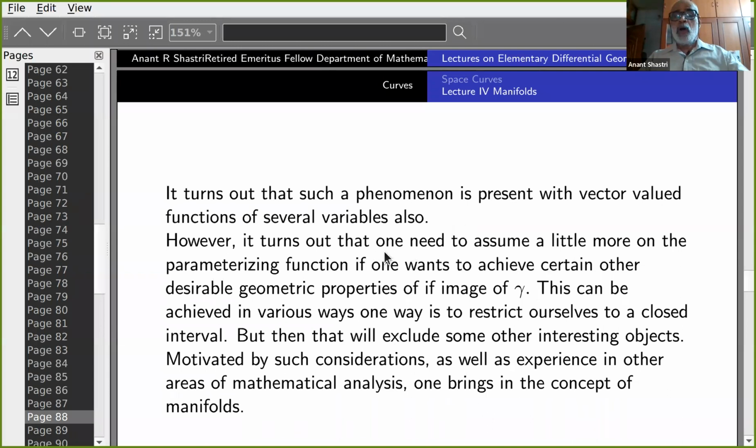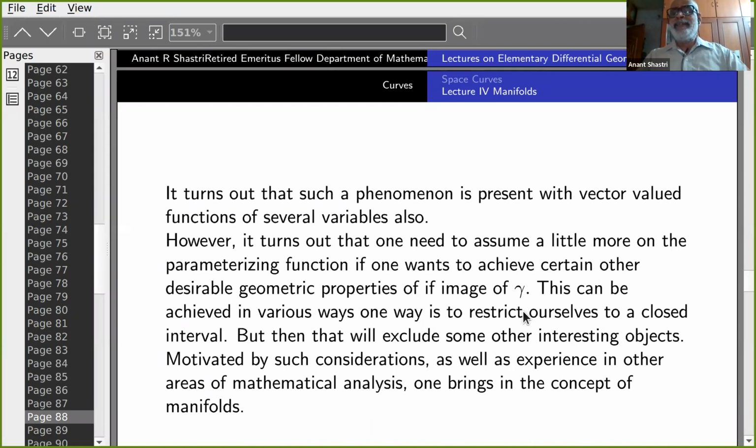On the other hand, it turns out that one needs to assume a little more on the parameterizing function if one wants to achieve certain other desirable geometric properties of the image curve. This can be achieved in various ways.